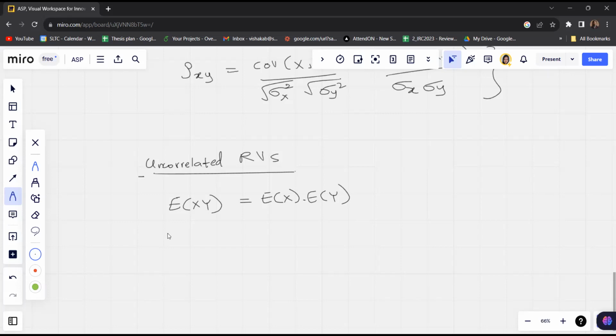So this relationship is valid for uncorrelated random variables, which do not have much similarity. Because of that, we can consider X and Y in a separated manner, X separately, Y separately.